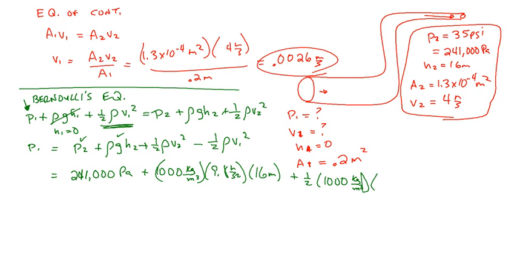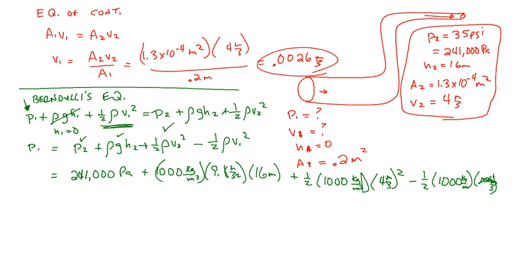The velocity at the top needs to be 4 meters per second. That has to be squared, so that's the third term checked off. And then lastly, I subtract the kinetic energy at the bottom, and it was moving a scant 0.0026 meters per second. I know you can't read that, and I apologize, but that's that.